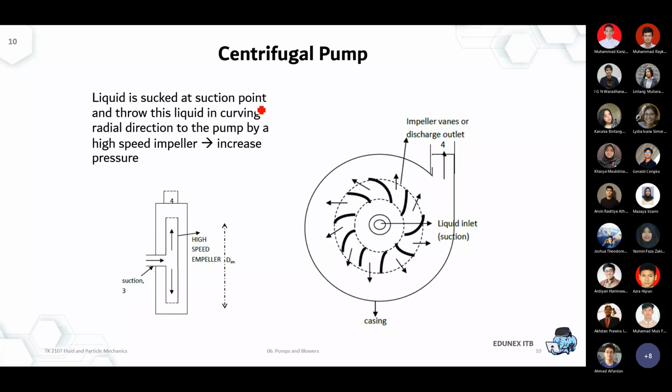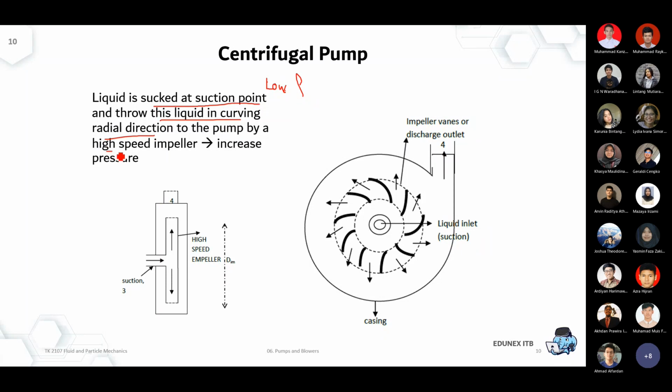Okay. So now this should explain to you the principles of a centrifugal pump. Okay, so liquid will be sucked in at the suction point, obviously at low pressure. That's why it's called the suction point. So that's a low pressure, and then it will send the liquid in a radial direction.